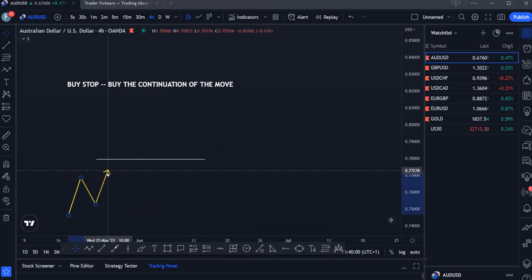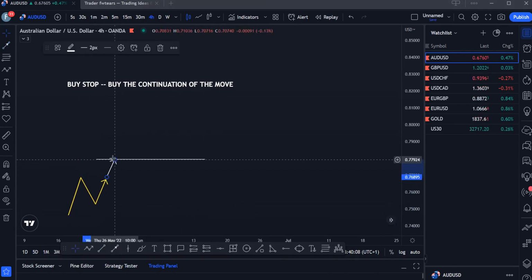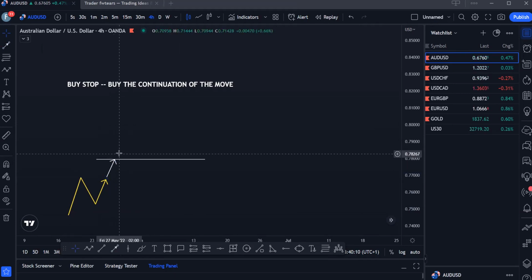Price is here currently. For a buy stop, if the move keeps going up and gets to the price that you set, as soon as price touches your buy stop pending order here, you'll be triggered into the market for a buy to continue that move.